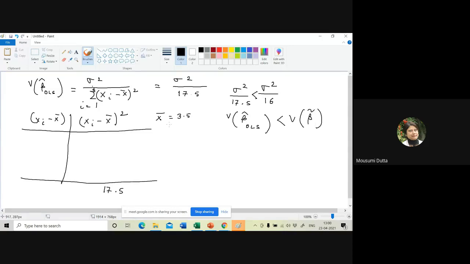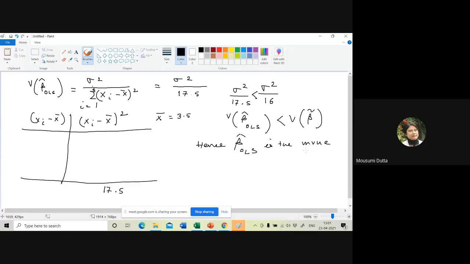Hence, the construct we are doing theoretically, the question may come numerically too.